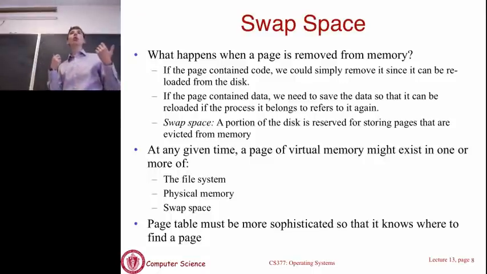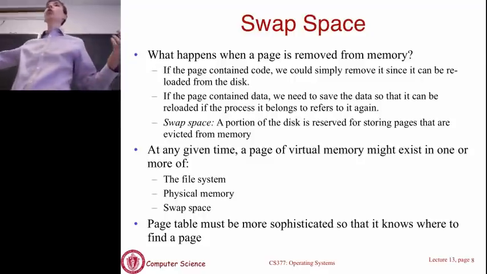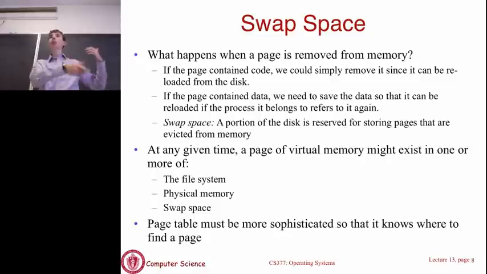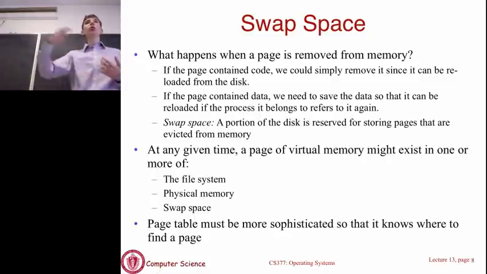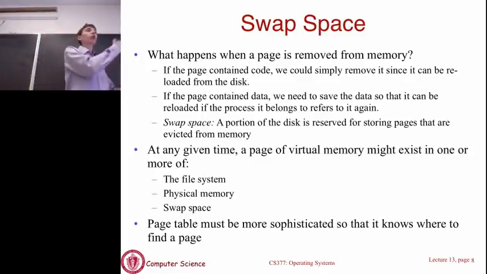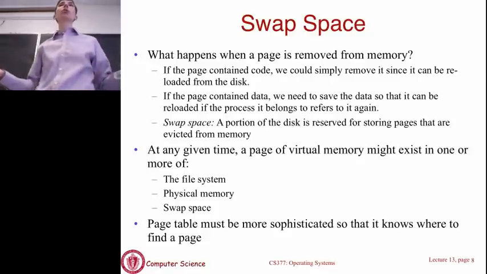But how about when you need to throw out a page of code? You've got a page of code in memory, and you've decided to replace it with some other page. Normally you're going to write out that page of memory to the swap space. But what might you be able to do with a code page?